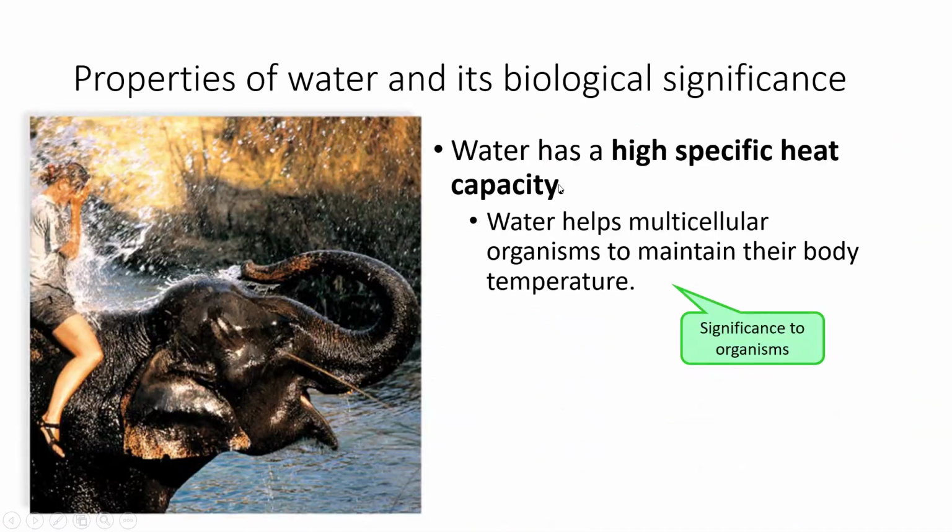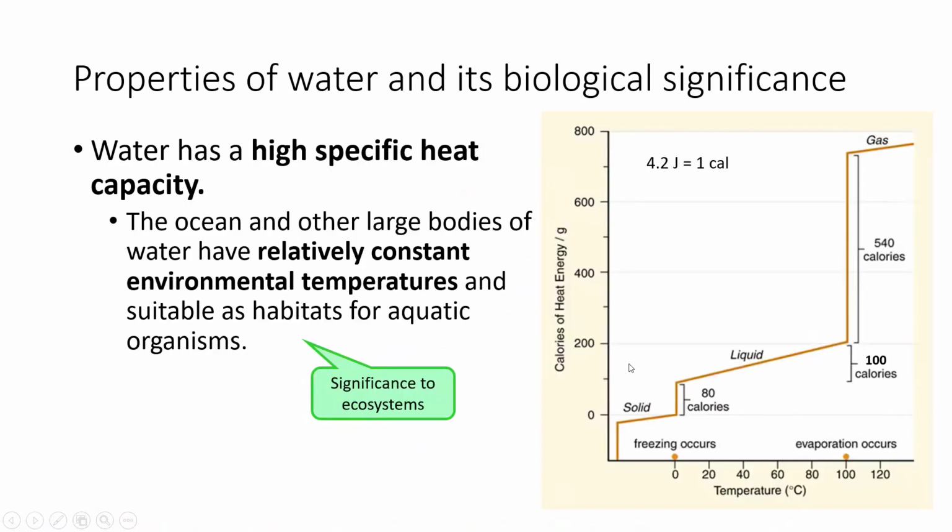So another role of water, one of the properties of water which has a high specific heat capacity, is that water helps multicellular organisms to maintain their body temperature. And the ocean and other large bodies of water have relatively constant environmental temperature, which is suitable as the habitat for aquatic organisms. So all of these show the important role played by water for cells, organisms, and ecosystems.